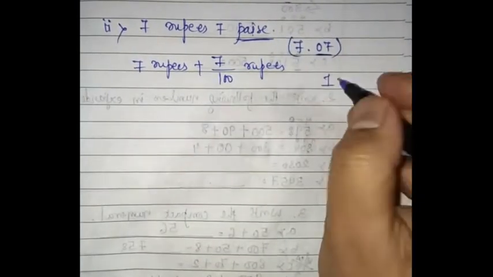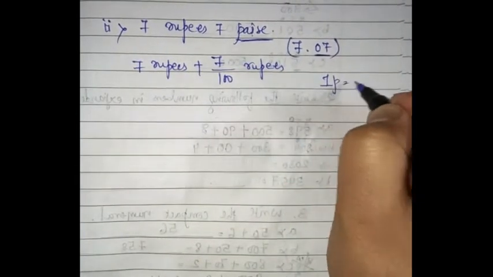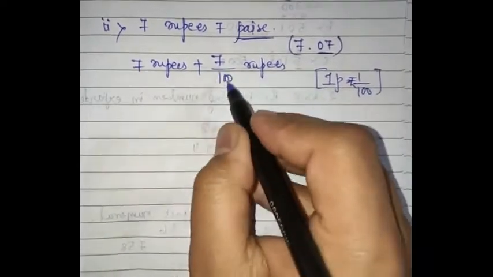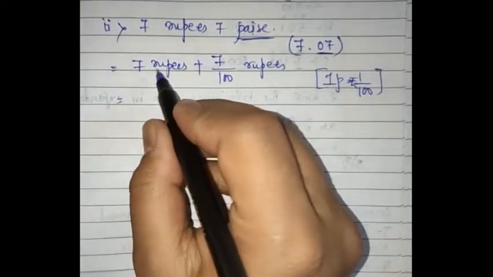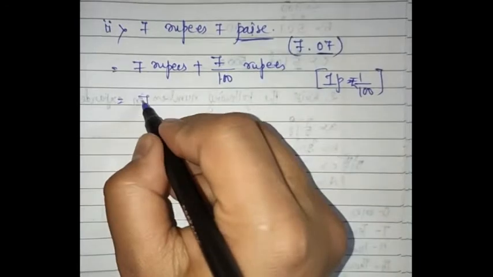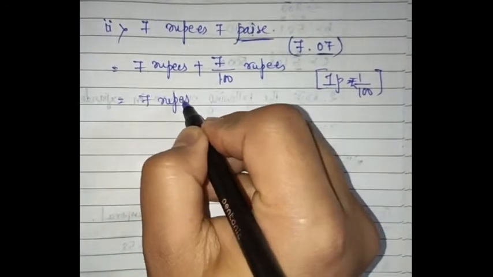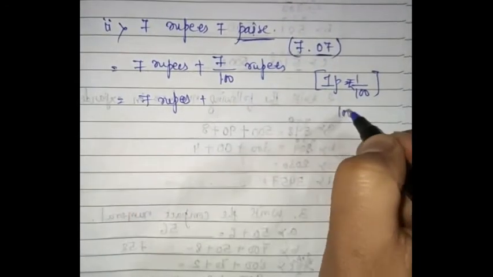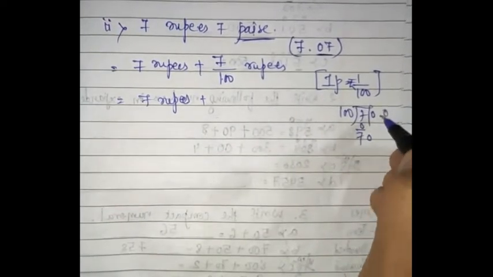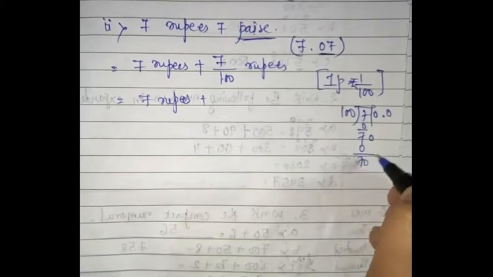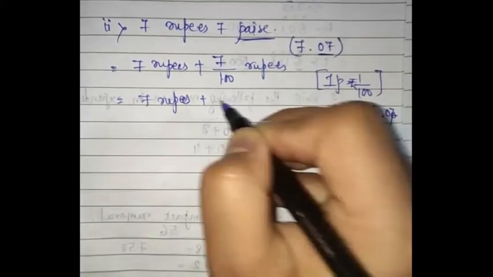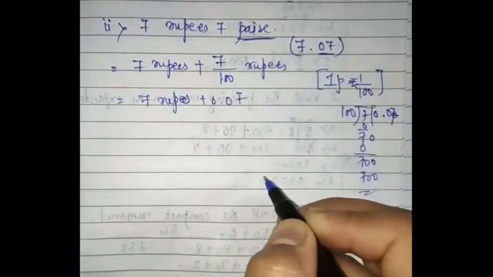You remember, I've just now solved that 1 pice equals 1 by 100 rupees. So that concept I'm using here. So 7 rupees plus 7 by 100. When you divide this, you'll get 0.07 rupees.